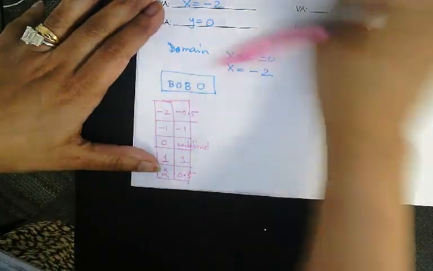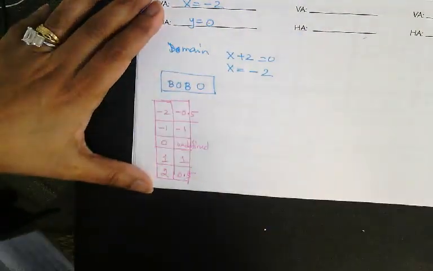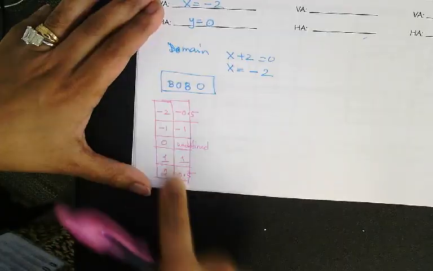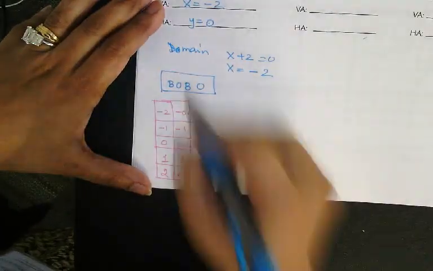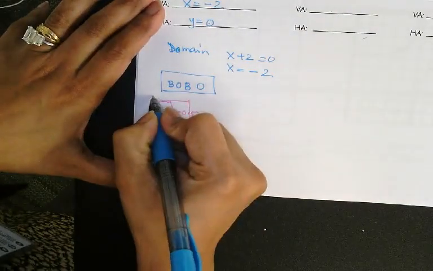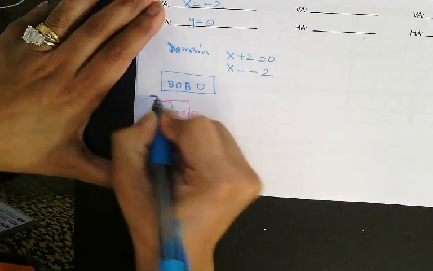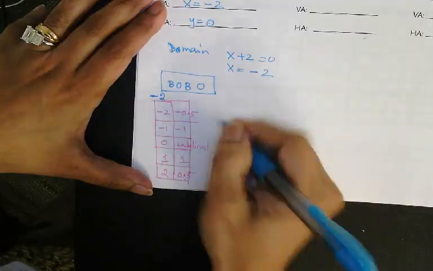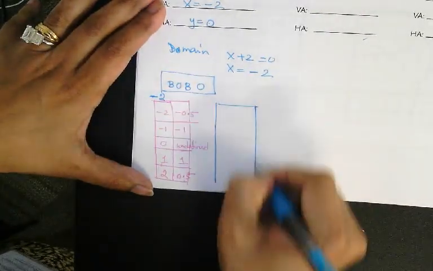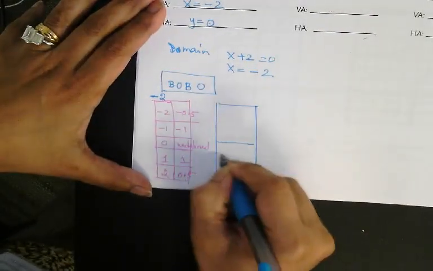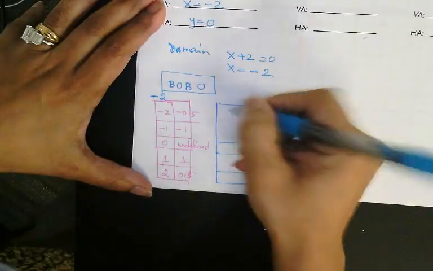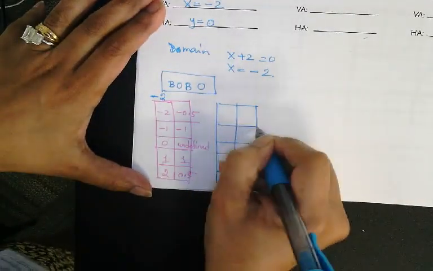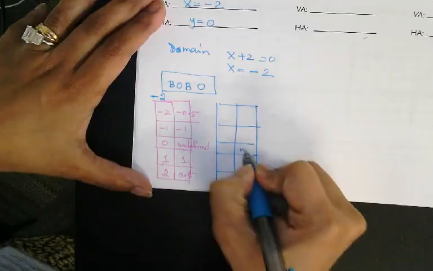Now we have going to the left. If you go to the left or right, it always goes with your x value. If I'm going to the left, I have to subtract 2 from the x value. That's going to give me the new table. All the y values stay the same. I just have to change the x values. So here it's undefined.